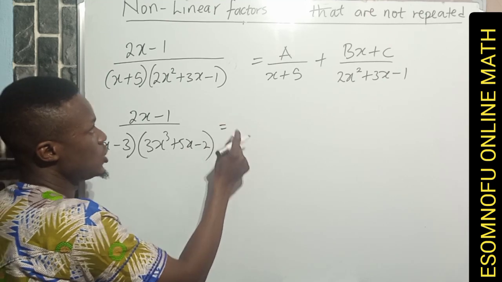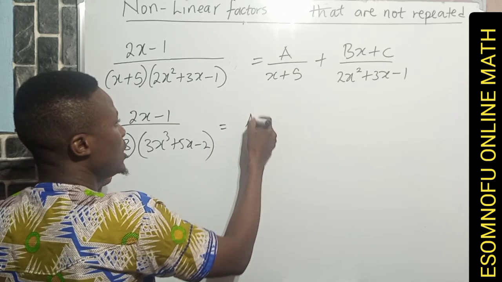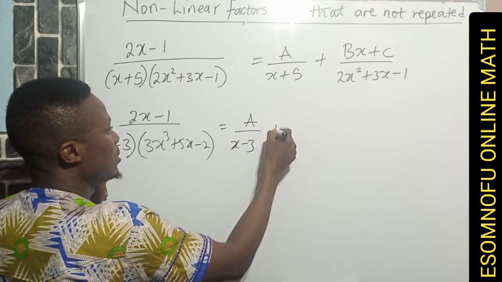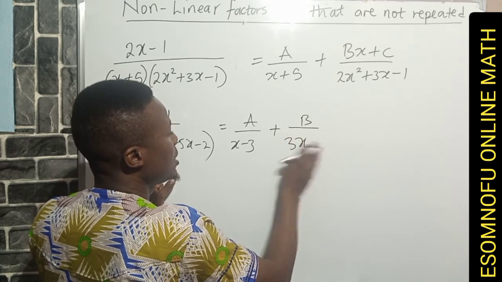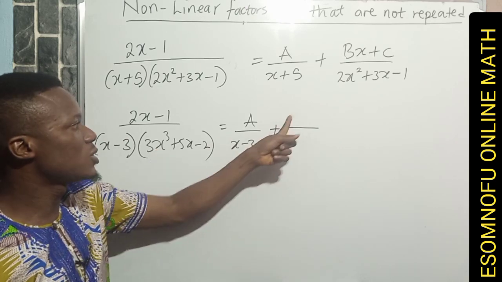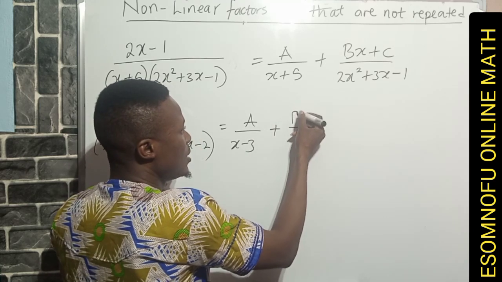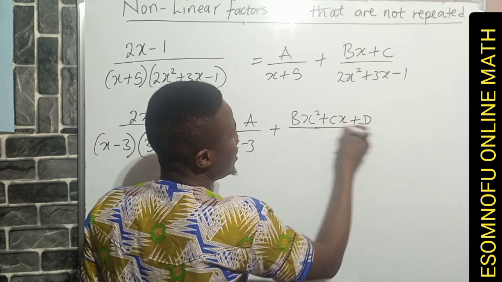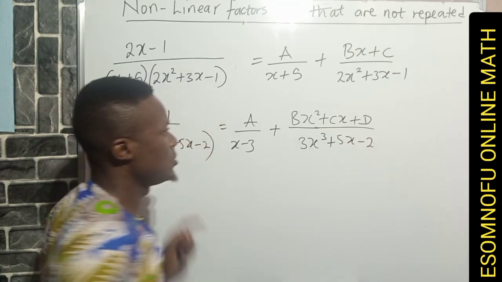The first factor is linear, so this will be A all over (x minus 3) plus, coming here, this shouldn't be B alone because this is cubic, so I'll use quadratic. Quadratic is Ax squared, but A has been used, so I'll start with B: (Bx squared plus Cx plus D) all over (3x cubed plus 5x minus 2).